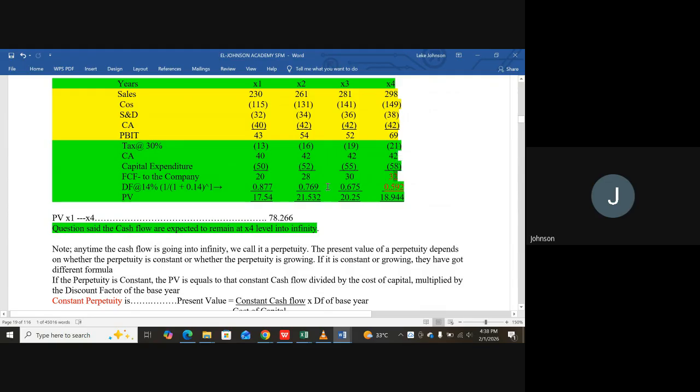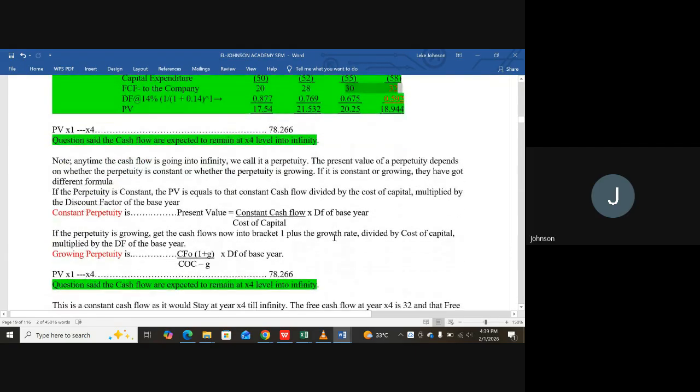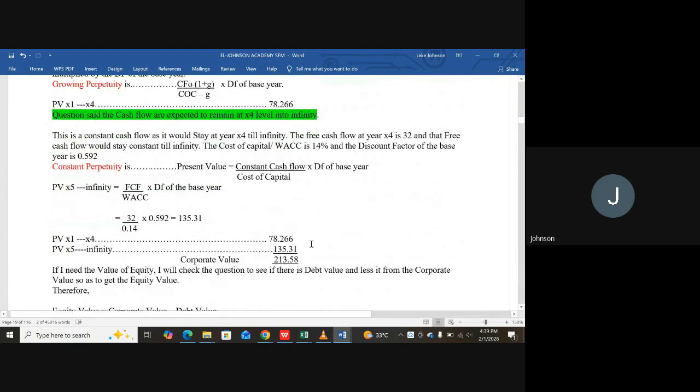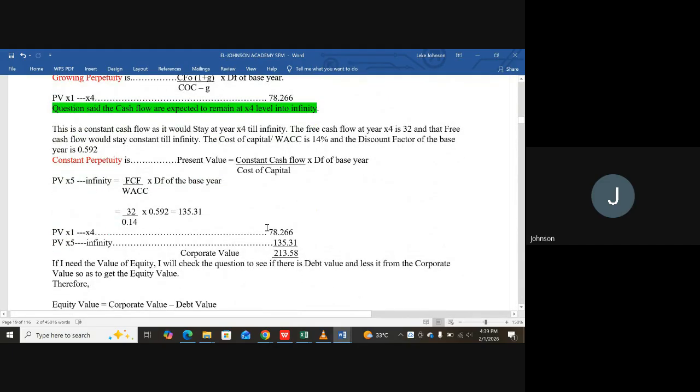Then what is the discount factor that we use for year 4? We use 0.592 for the discount factor, and then we got this present value for this cash flow. So is that the cash flow they are talking about when they refer to a cash flow remaining the same from year 4 into infinity? Yes, that is the cash flow they are talking about. Since that cash flow remains the same from year 4 to infinity, it means that we have a constant perpetuity.